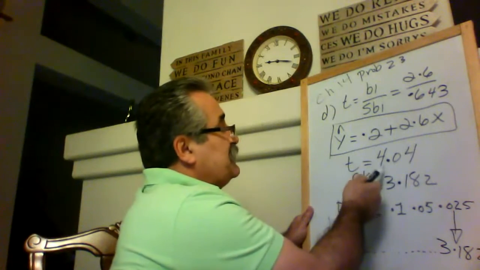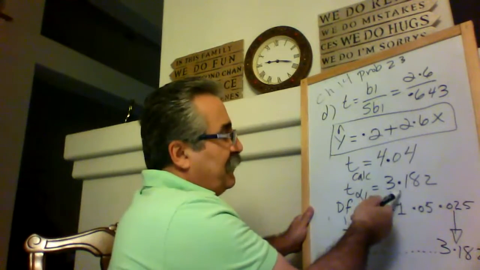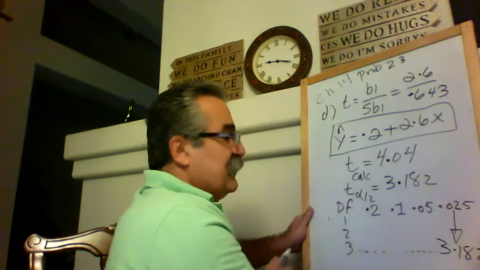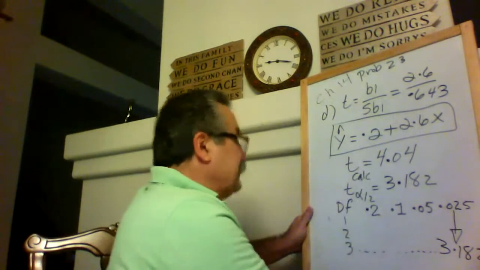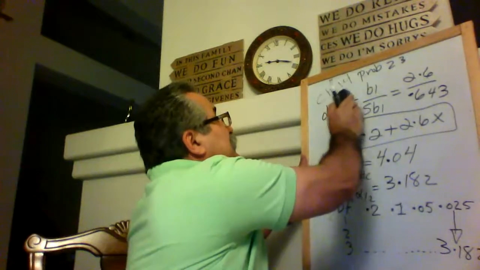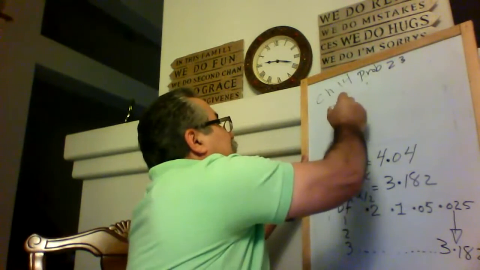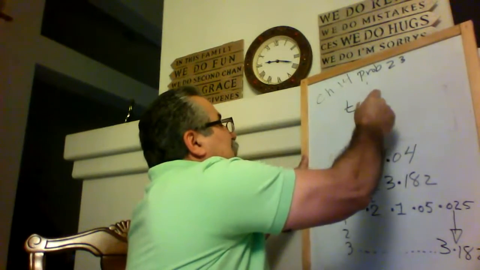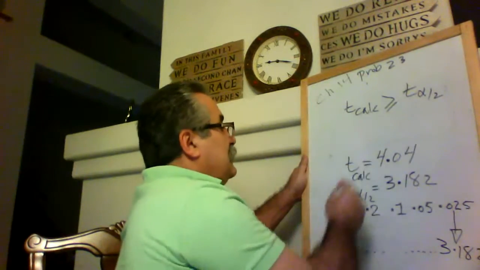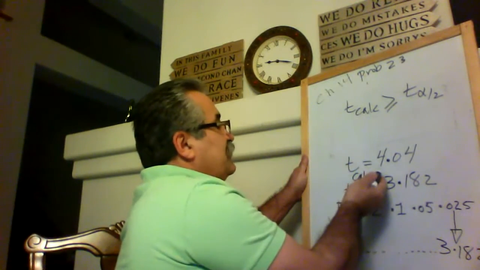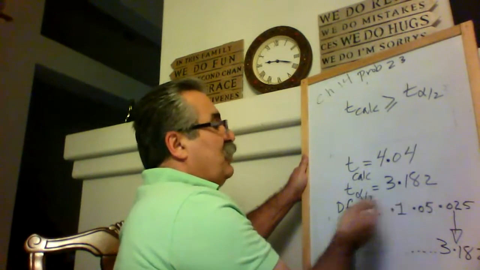Now our T, which is 4.04, is greater than 3.182, then reject the H0. So one more time, I get confused over this. Here, reject if T calc is greater than or equal to T of half of the alpha. So in this case, our T is 4.04, which is greater than T of the alpha, then we reject.